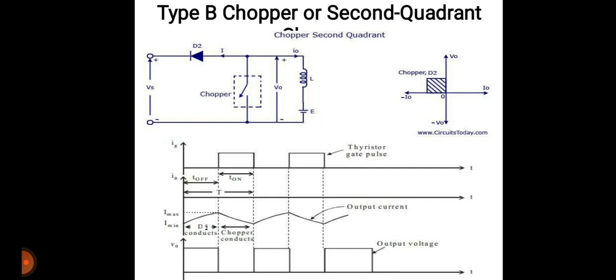As load voltage V0 is equal to E plus L di/dt, it is more than the voltage source Vs. Type B chopper is also called a step-up chopper. Both type A and type B chopper configurations have a common negative terminal between their input and output circuits.